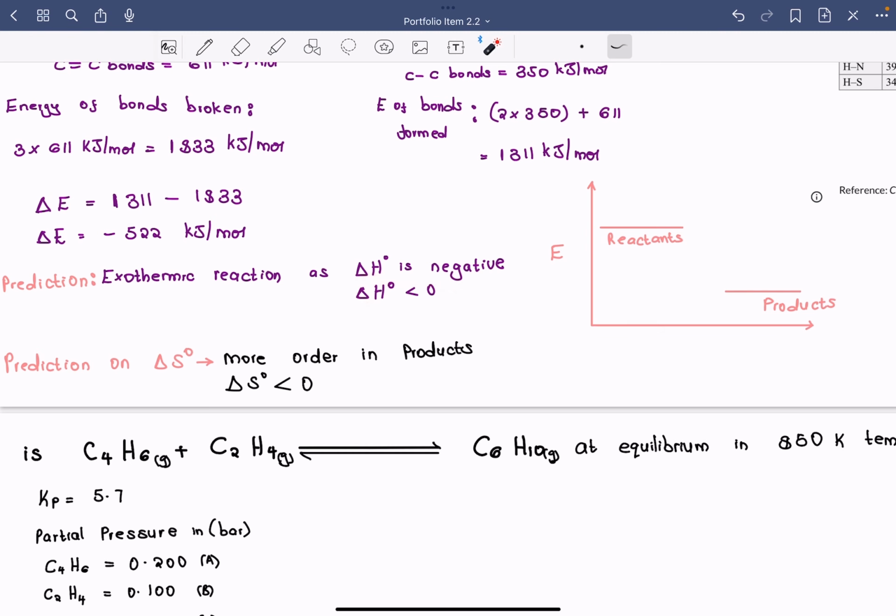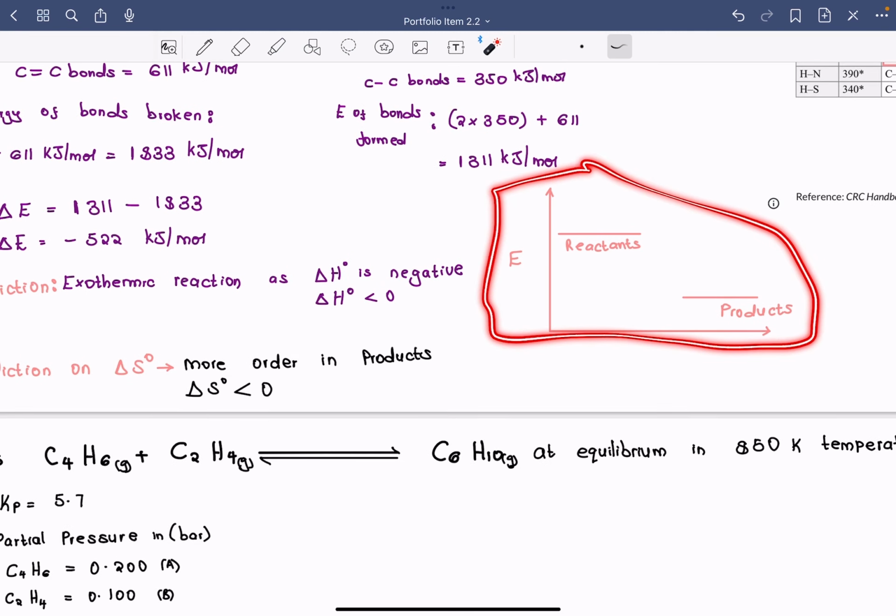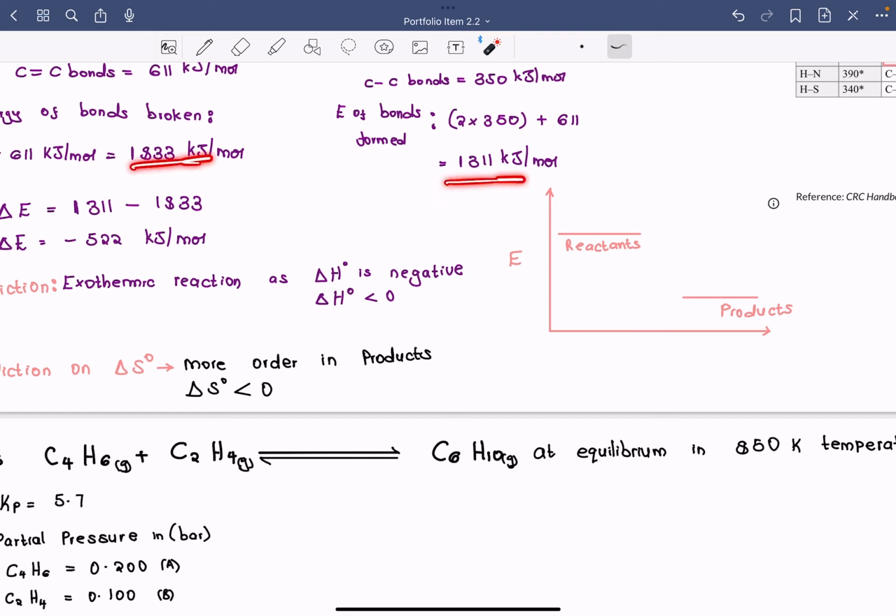So this is basically being represented by a chart. This means that, even looking at these energies, our reactants are higher in energy than our products, and that means our products are producing heat, which is going to be absorbed by the surroundings of the system.